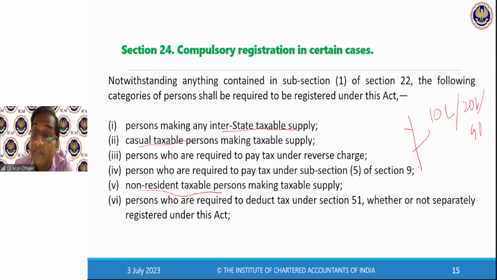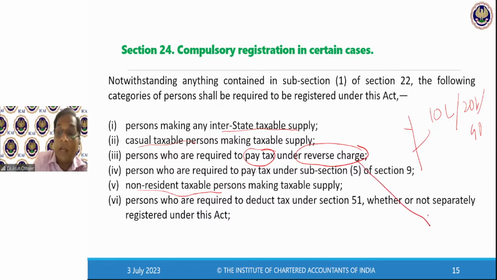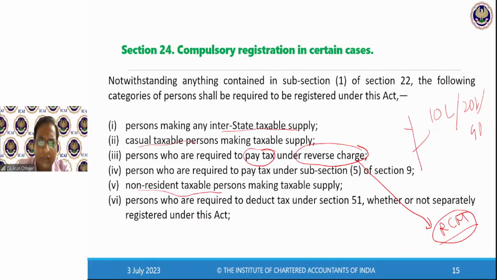But suppose I'm receiving certain services on which RCM is applicable, so I have to take mandatory registration. Now there are multiple permutations and combinations that will only be explained when you read the RCM chapter, which is in the final syllabus. So as of now, this is only one line item.